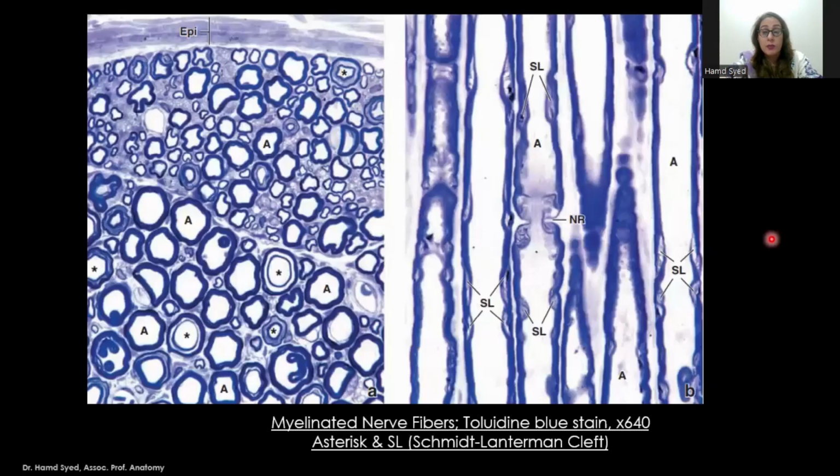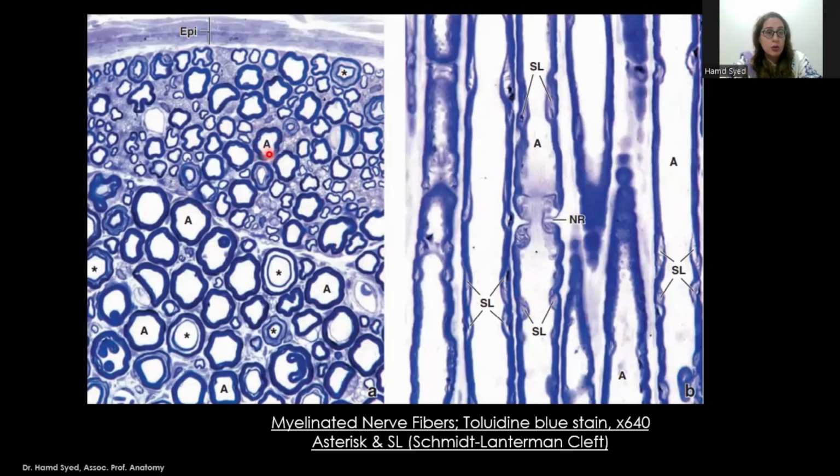Now here is a comparison of peripheral nerves through two planes of section. On the left, you see the transverse or cross section, and on the right, the longitudinal section. Remember this is a special stain, the toluidine blue stain. If we look at the left, we can see multiple axons which have been sliced through. A represents the axon, and it is surrounded by this thick layer of myelin.